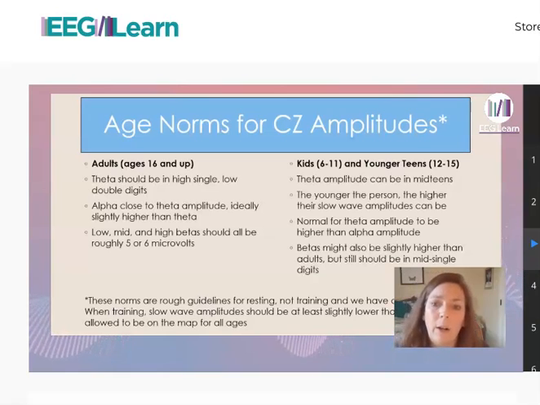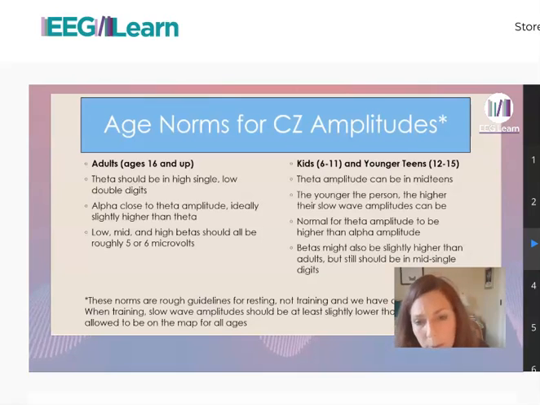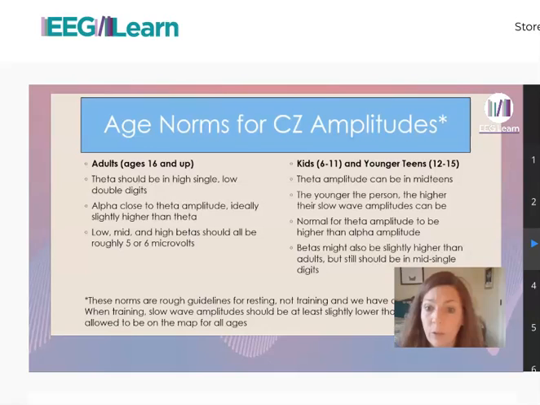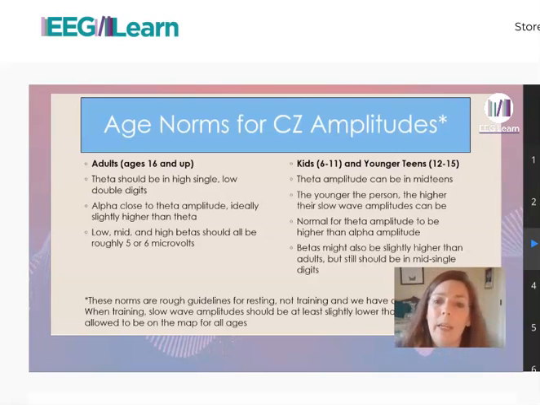Their betas might also be a little bit higher than adults. So they might be more around 7, especially if it's a younger kid, because young kids' brains are really busy putting all kinds of information together. But it should still be in the mid-single digits, no matter how you carve those betas up.